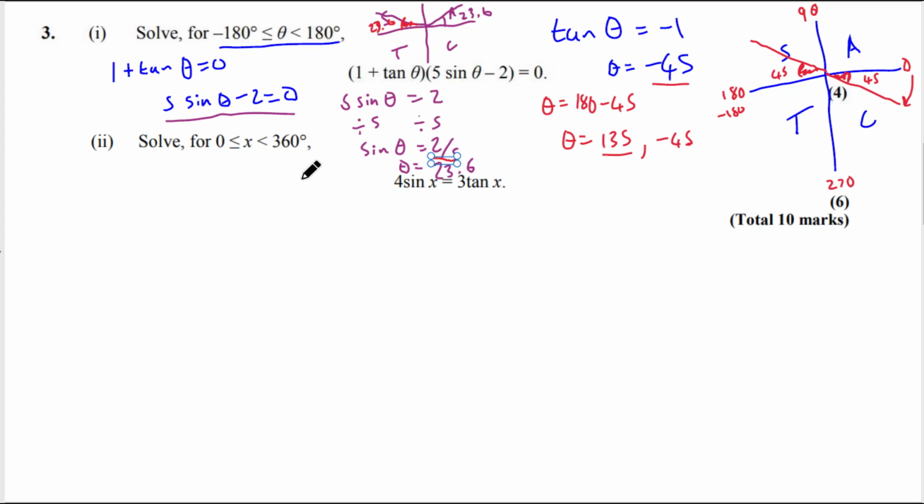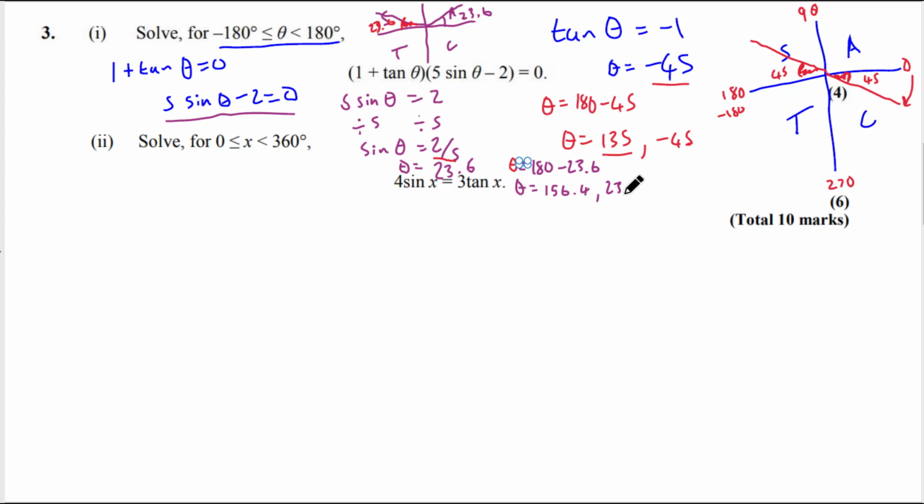So another solution for theta, which I don't know where to write down now, would be theta equals, and I want to change colour, 180 minus 23.6. So theta equals 156.4.